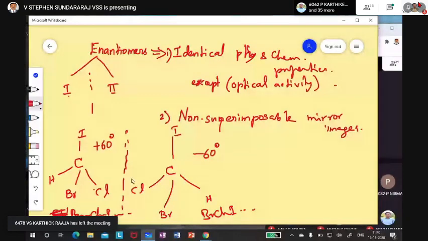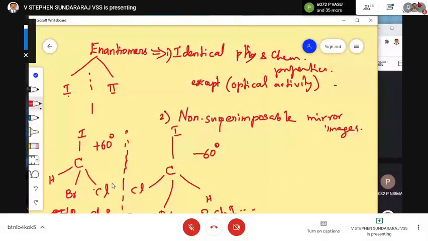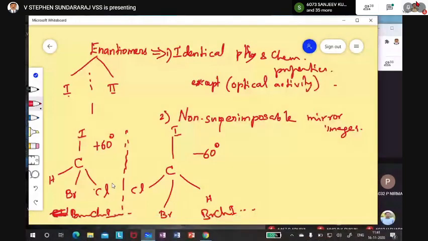What is different? You may think that by looking at the next one, I'm telling you, make a model and check. You make a model, no need for anything special, you can take 4 sticks and tie them together. I told you also, take a coconut tree stick, tie it, and show some color difference and try to check this. Or otherwise, you watch 3-dimensionally, can any one of you convert the second structure into the first structure without breaking any bond?